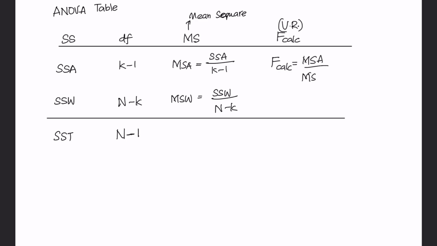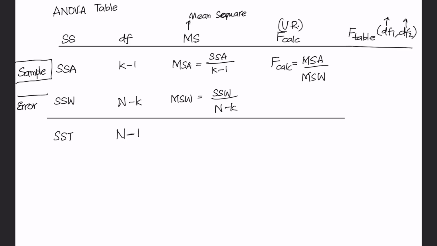Now we also have another value, which is the table value. I told you just a minute ago that we have 2 degrees of freedom to take, right? So remember that this is the samples and this is the error. Every time, remember that whenever we have among groups, we are talking about samples, and when we have within groups, we are talking about the error within each group, right?